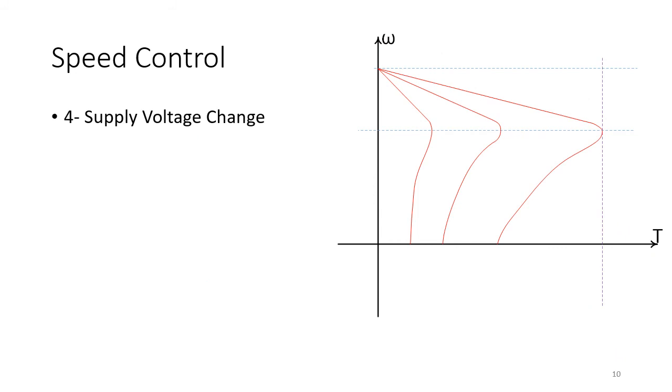The other solution is supply voltage change. In this case, we keep the frequency constant, so synchronous speed is not going to change. It remains constant. We also don't change the rotor resistance, so maximum slip, S max, remains constant.